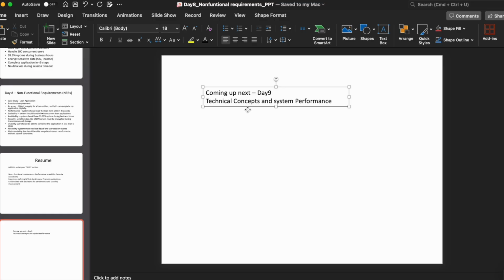Like performance, when I'm mentioning topics, we can include latency, concurrency, which is a kind of non-functional requirement, and system bottlenecks. Okay, so these kinds of things you can speak about tomorrow. Then you can sound confident in every sprint discussion. Okay, so see you tomorrow.